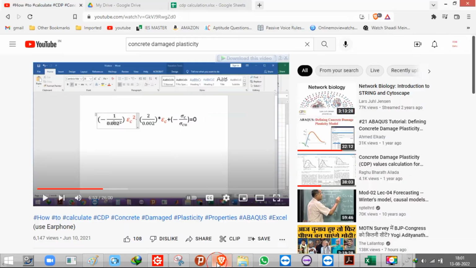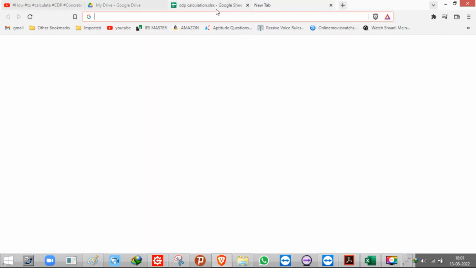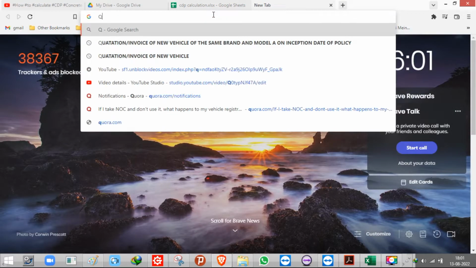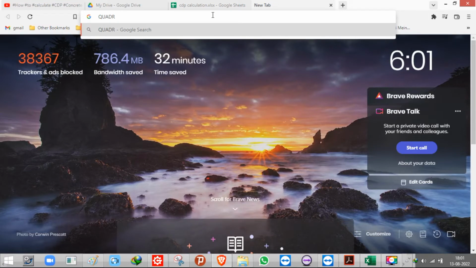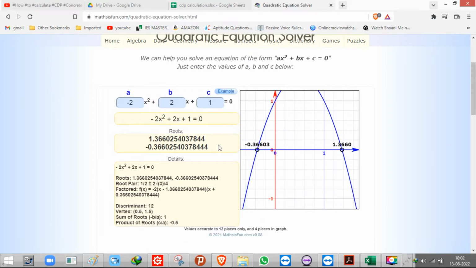So to solve it, just go to Google, simply use Google and find a quadratic equation solver. Let's get a quadratic equation solver.